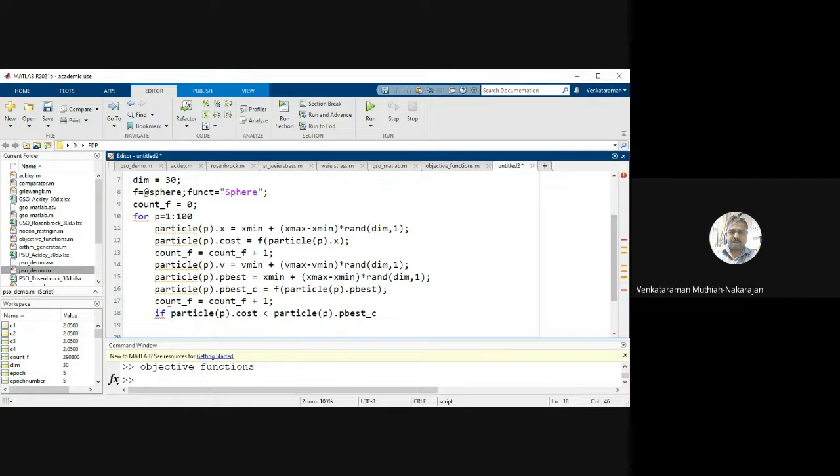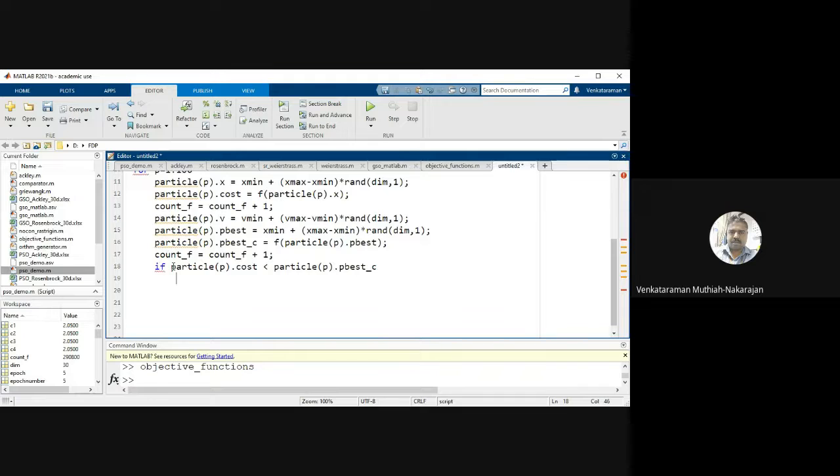So in this if loop, I want to check whether my particle cost is lower than the personal best, because personal best is supposed to be smaller than the particle cost.